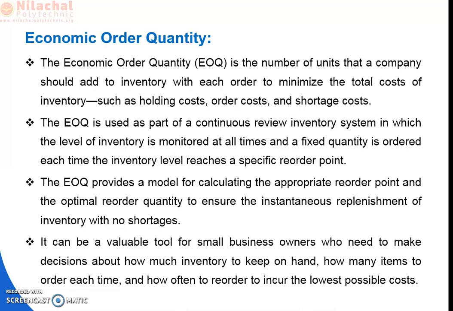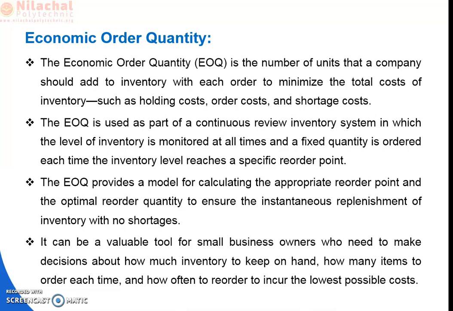What does it mean? Economic order quantity is the number of units that a company should add to inventory with each order in order to minimize the total cost of inventory, like holding cost, ordering cost and shortage cost. Holding cost is the cost of carrying inventory from the vendor to the company and storing it.